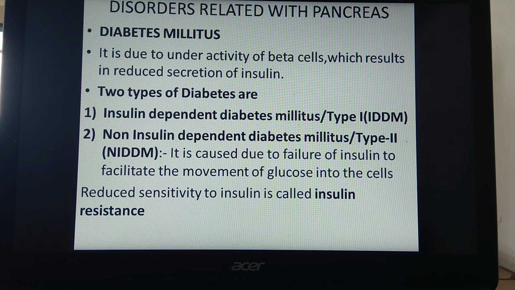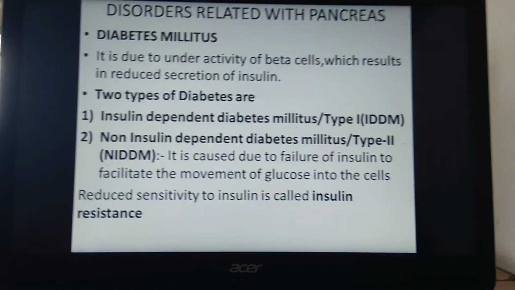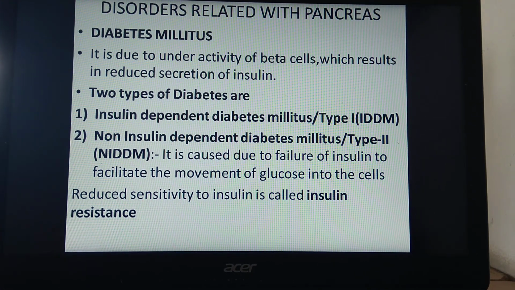I think you remember that function of insulin is to decrease blood sugar level. And if the insulin is less or it is deficient inside the body, amount of sugar will increase in the blood, and that is called as diabetes mellitus.